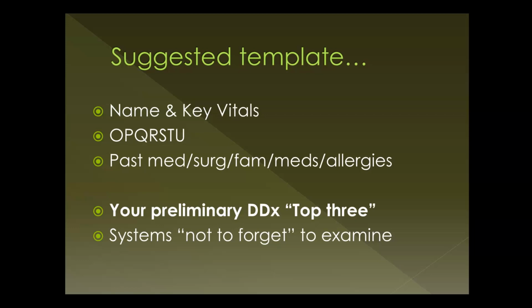Ideally, write down the patient's name so you don't forget their key vitals, especially a fever or tachycardia, and anything else that you may forget to ask about. Specifically, I recommend that you write down your preliminary differential, your top 3, and then systems not to forget to examine. For example, if you're talking to a patient about abdominal pain, don't forget the renal system.